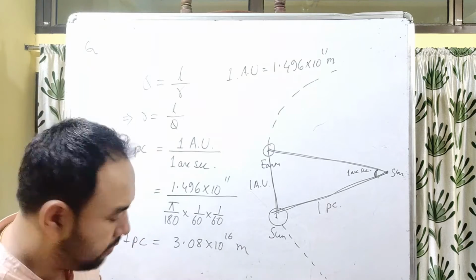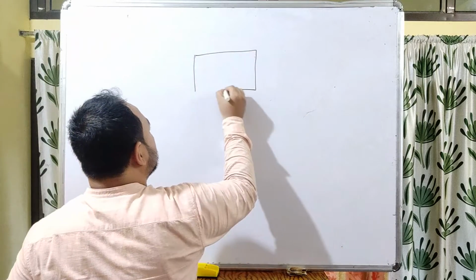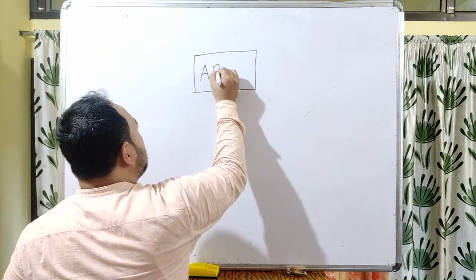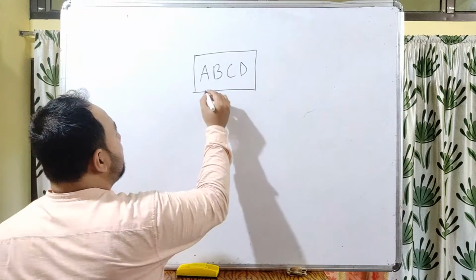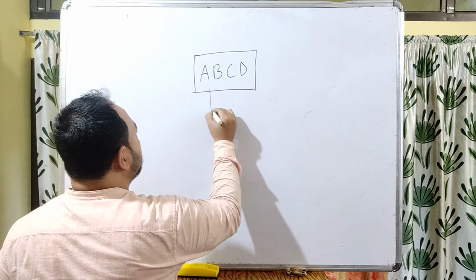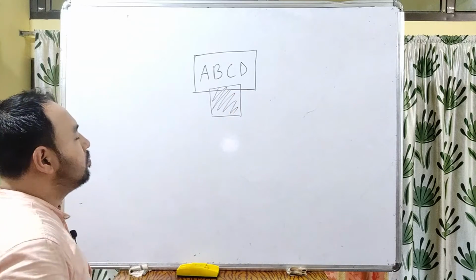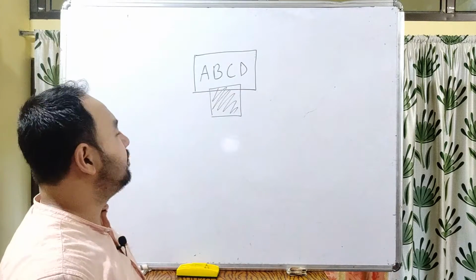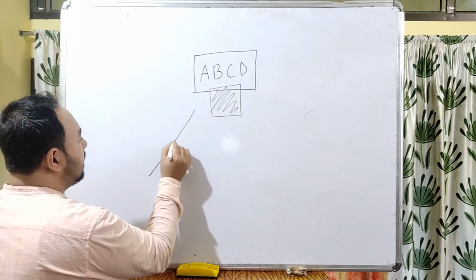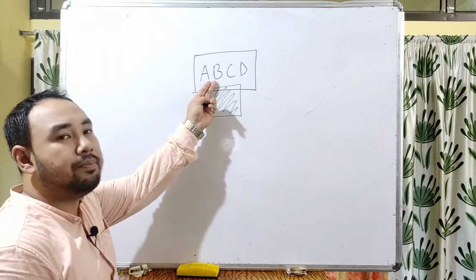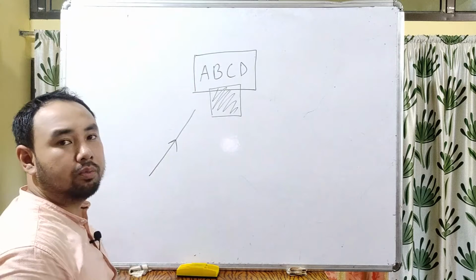Let us consider a signboard on which A, B, C, D is written. Now if we place something in front of this signboard to block its view, and observe from this direction, then we will see that only AB is written on the signboard, as CD will be blocked from this point of view.